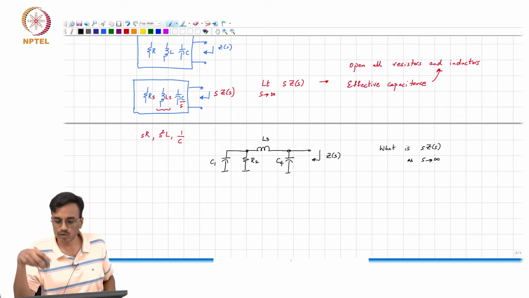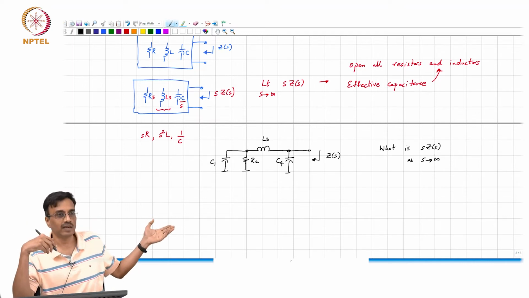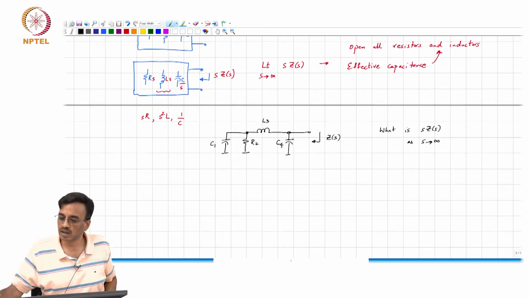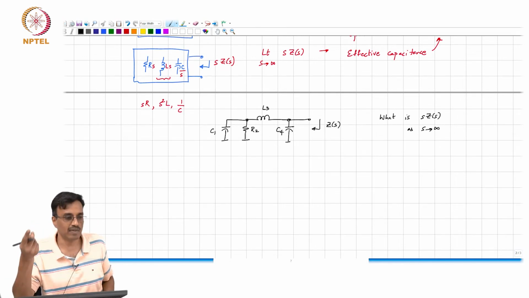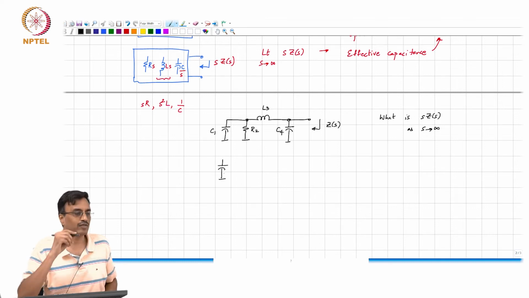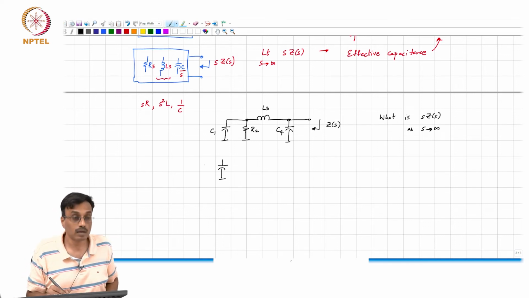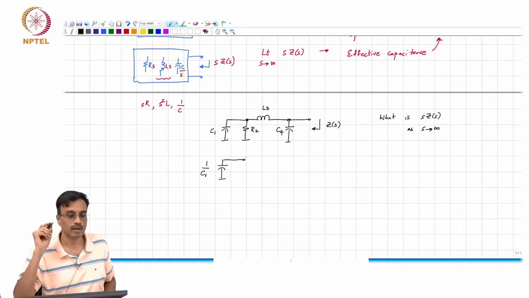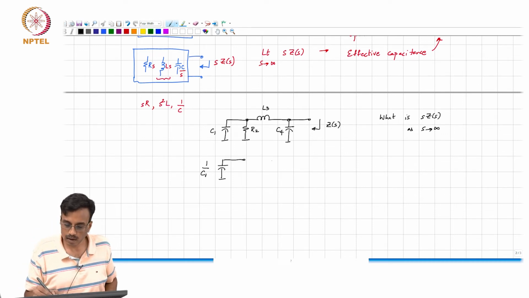One way of doing this would be to find the actual Z of s multiplied by s and let s tend to infinity; the easier thing to do is do it on a branch by branch basis as s tends to infinity and then look at the resulting network. So, what will this become? The capacitance will become 1 over C1. The resistance will become an open circuit, the inductor will become an open circuit, and what does this become?